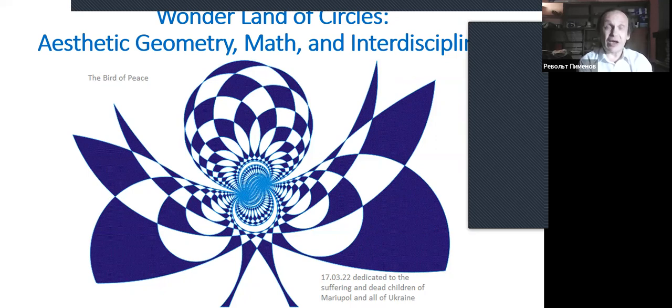Aesthetic geometry, I mean, is not only some method of drawing something nice, but I named so a unified method of understanding inversion, maybe a new method, and it is very strange, but it is a fact that with the help of this method we can make many nice, beautiful, harmonious aesthetic objects. And the first of these objects is here.